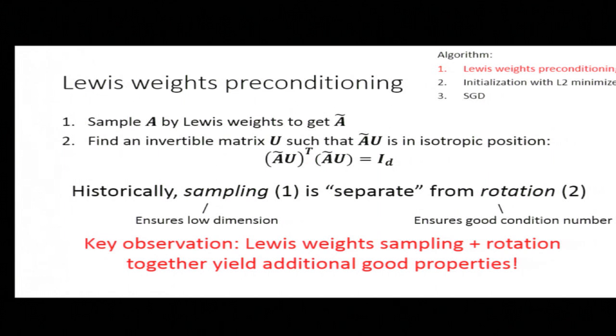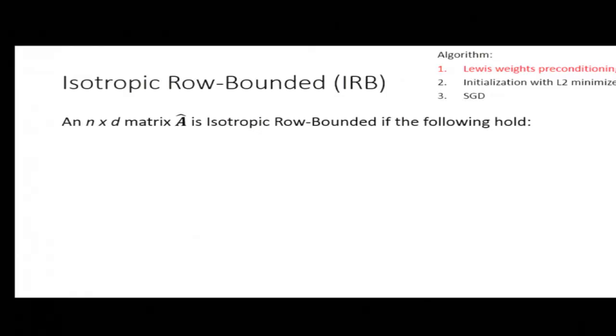So our key observation here is that Lewis weight sampling plus the rotation in tandem will yield some extra good properties if you don't consider them as separate entities. In particular, the good property that you get is that the resulting matrix, A hat, is isotropic and row-bounded. It's a pretty straightforward property.